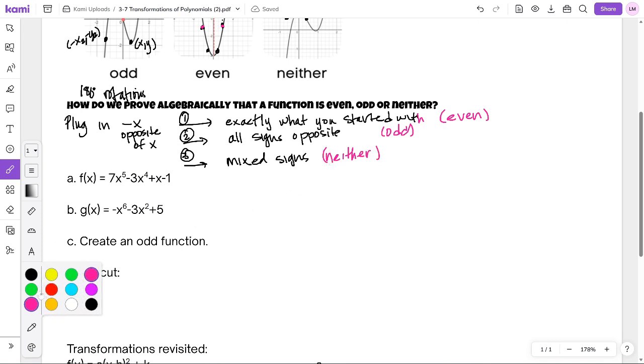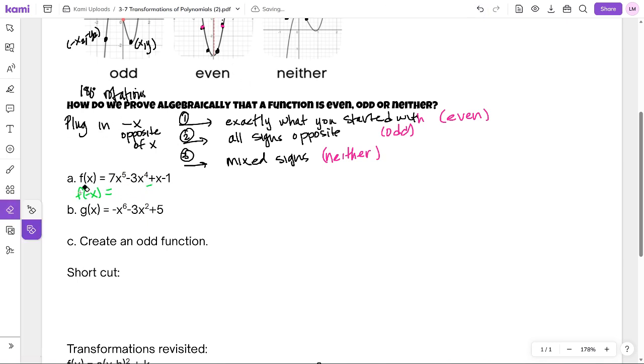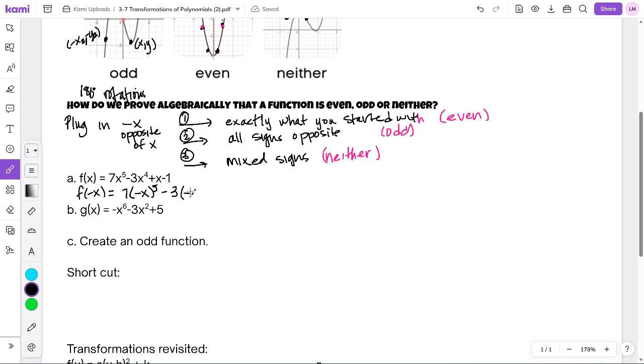All right, so let's see about these guys down here, what happens. So I'm going to plug in the opposite of x. So I get 7 times the opposite of x to the 5th minus 3 opposite of x to the 4th plus the opposite of x minus 1.